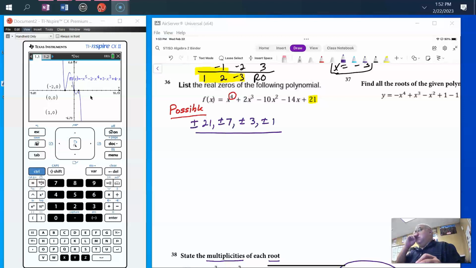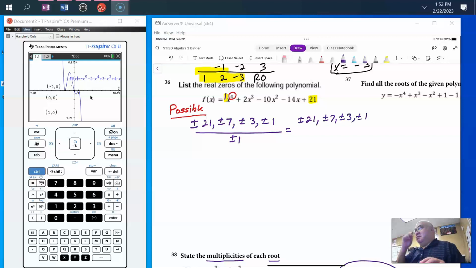These are all factors. And in this problem, we're going to have to compare it to the leading coefficient. In this case, it's understood as 1, so it's plus or minus 1. So if I had to pick some possible zeros or possible roots, it'd be plus or minus 1, plus or minus 21, plus or minus 7, plus or minus 3, plus or minus 1.